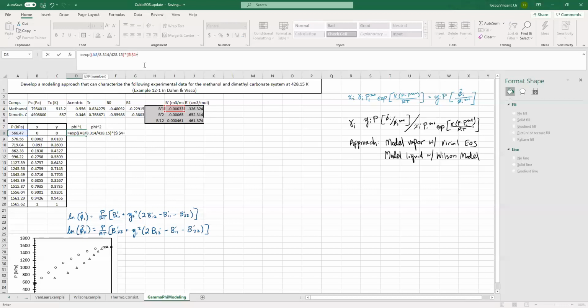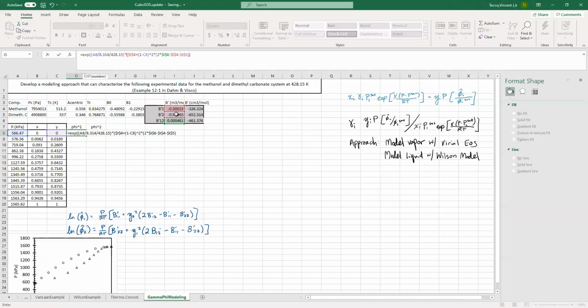Plus y2 squared. So y2 is 1 minus y1, squared, times 2 times B1. Oops, made a mistake there. That should be B12. 2 times B12 minus B1 minus B2.